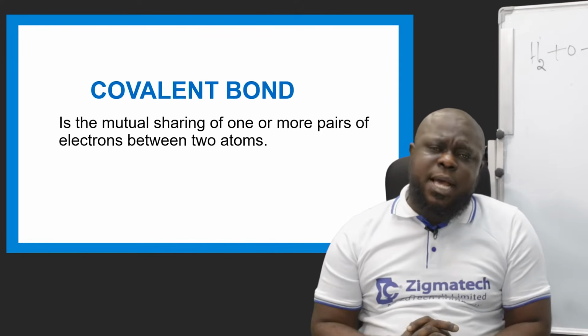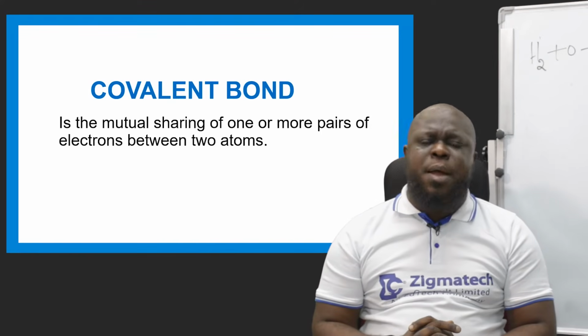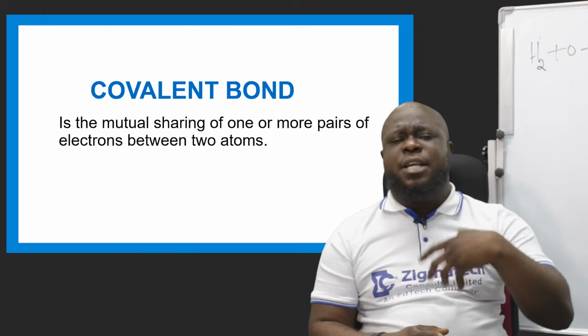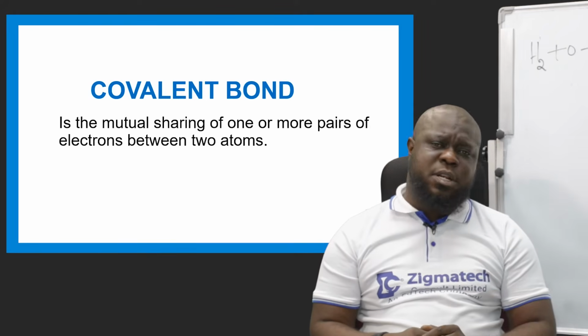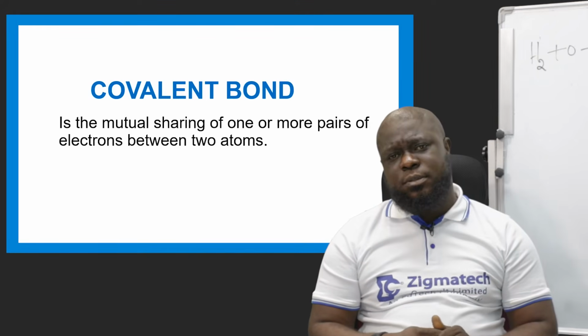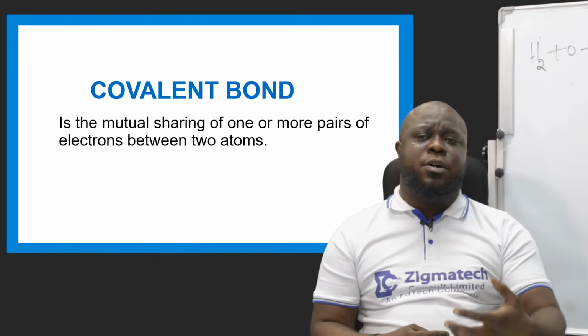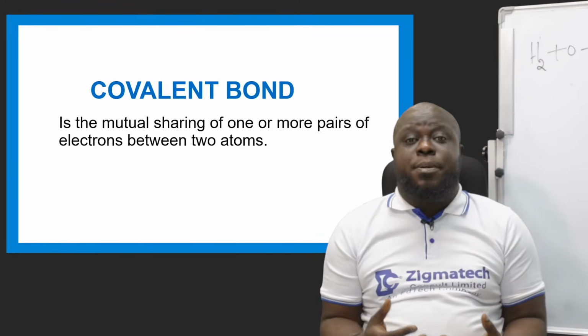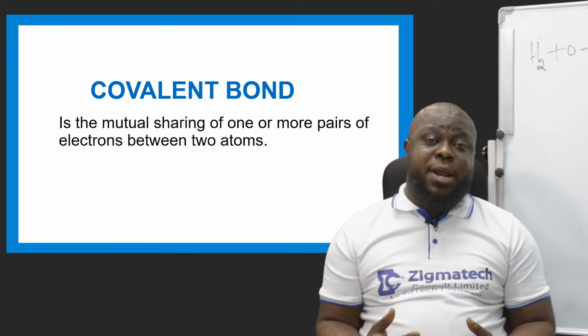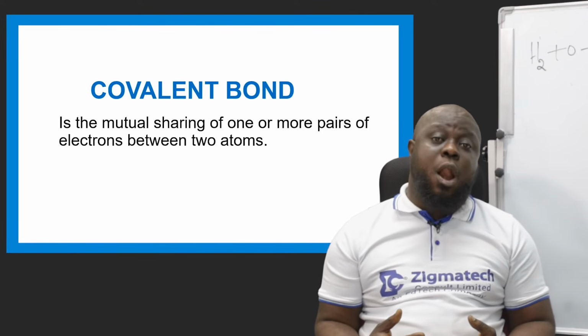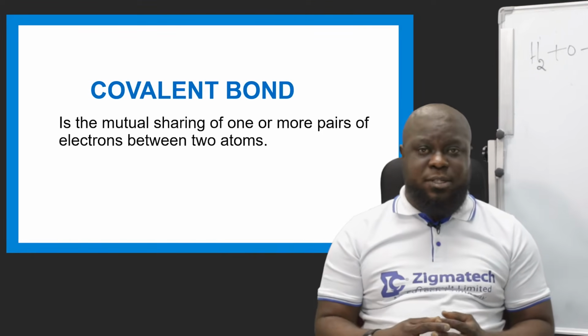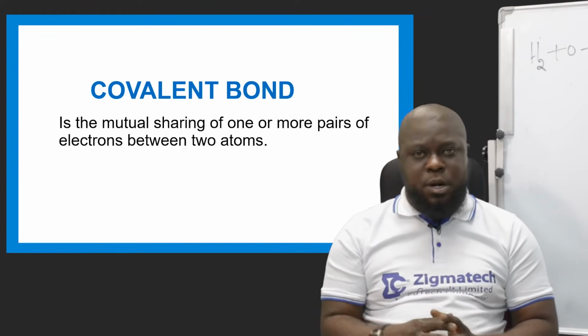Now, there's one bond that exists mostly in these electronegatives. It's called hydrogen bond. Why do I call it hydrogen bond? Because hydrogen reacts with almost all the non-metals in the periodic table.